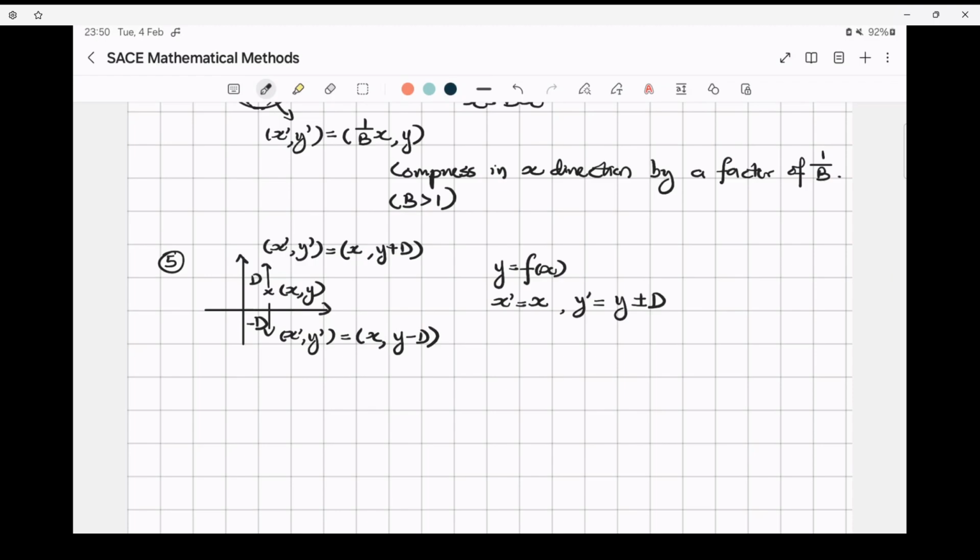If you move down, it is minus. So this will be f of x plus or minus d. So in this case, you either move up or you move down by d units.